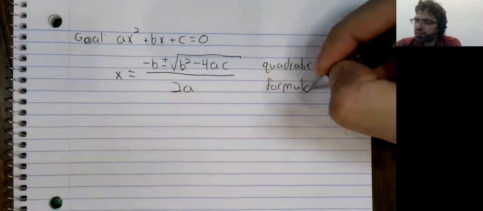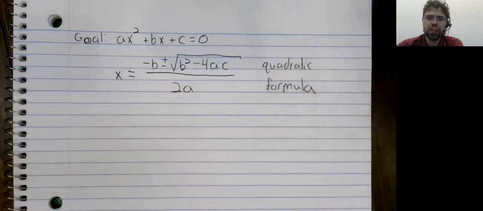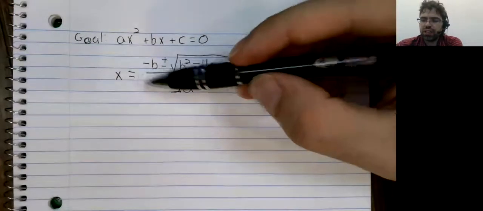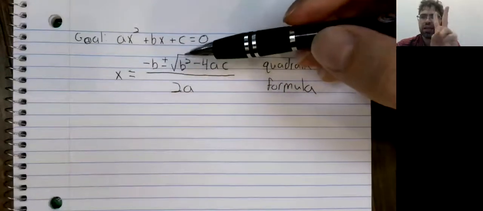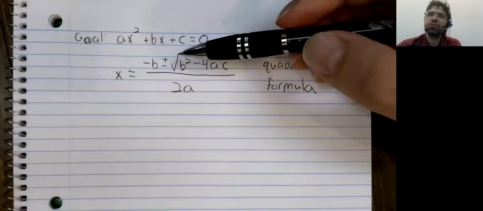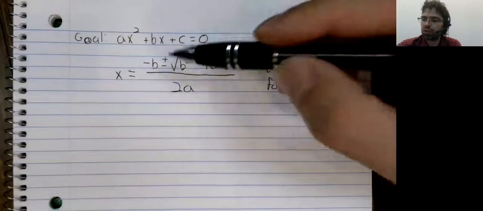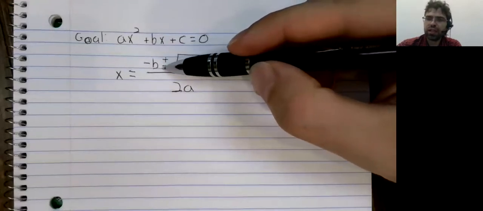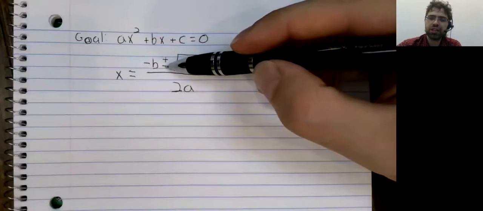Let's make a couple of observations. First of all, in general, we're going to get two solutions when you use this formula. Addition gives us a solution, and then subtraction gives us a solution.